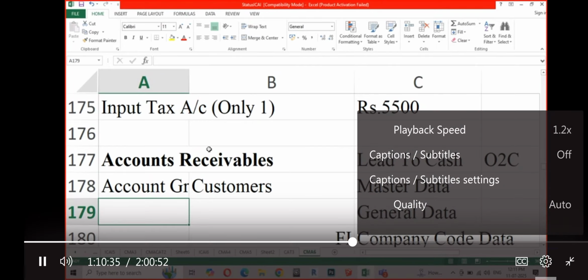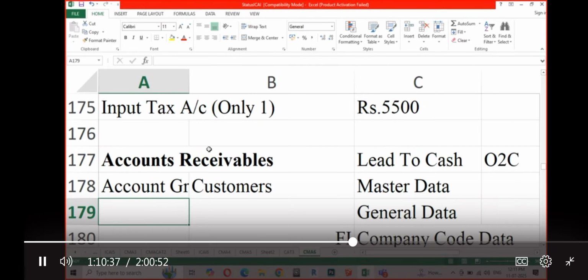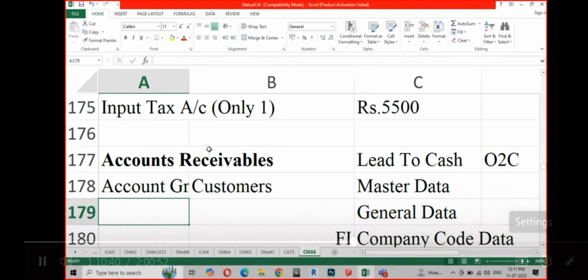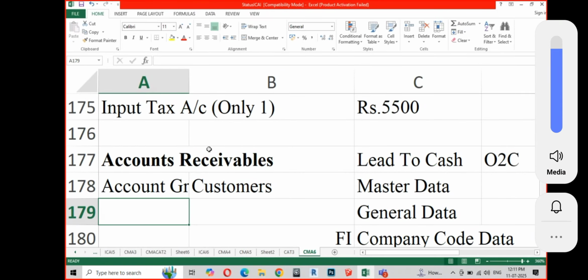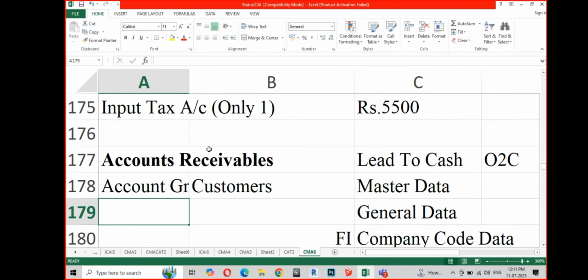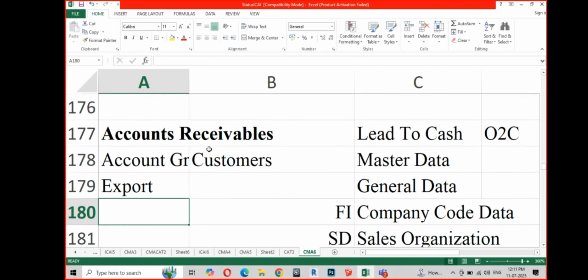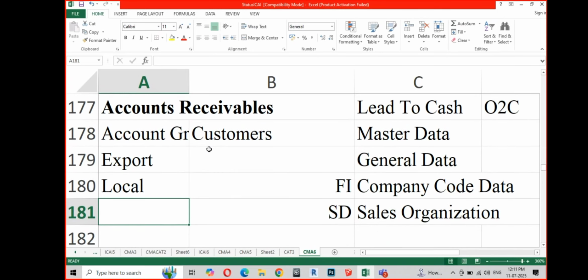Clear? So it all depends on, suppose I'm selling a 100 rupees or a 200 rupees item to a customer. Do I create a master data for such customers? Absolutely no. Again, I can have a classification on my business volume, export customers, local customers.